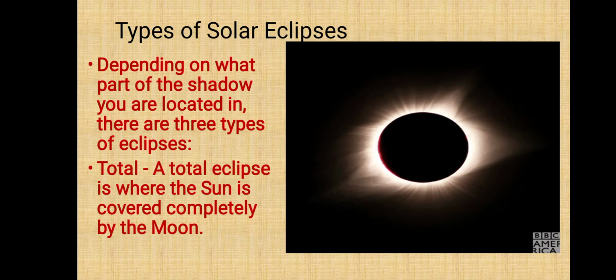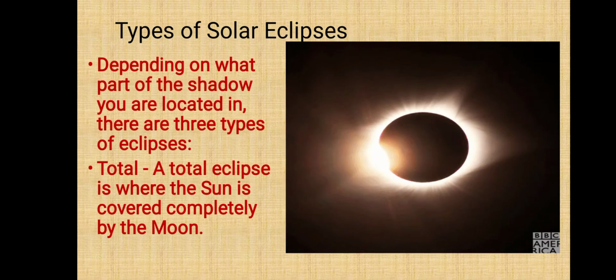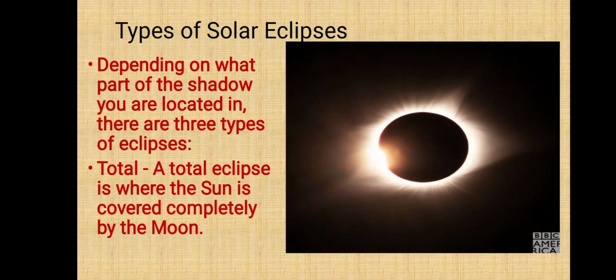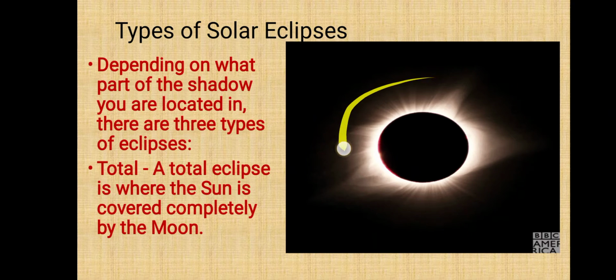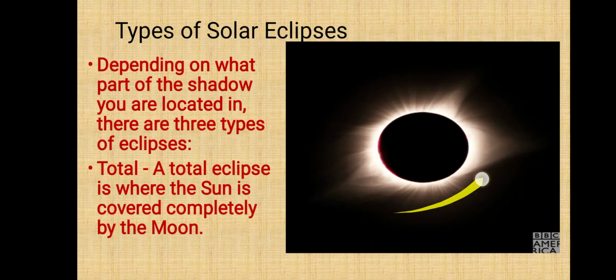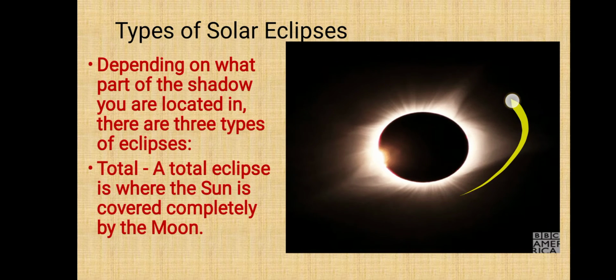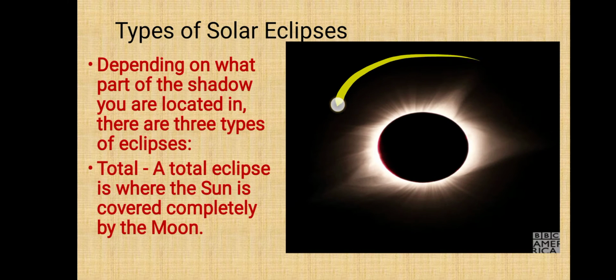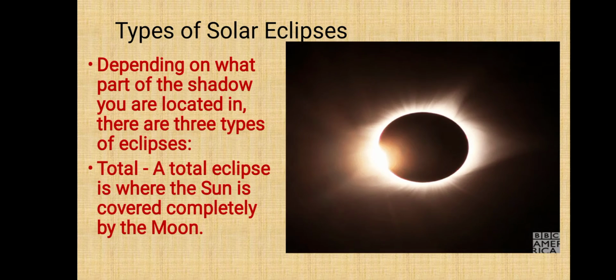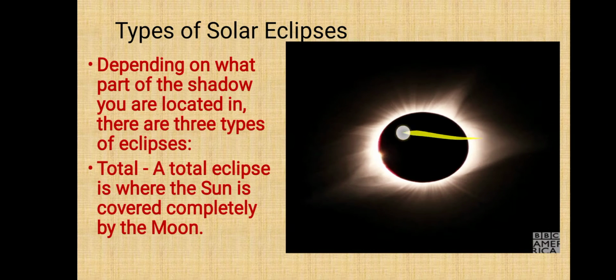First one is total eclipse. A total eclipse is when the sun is covered completely by the moon.